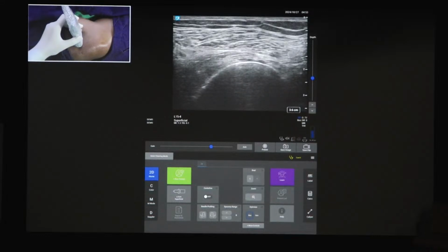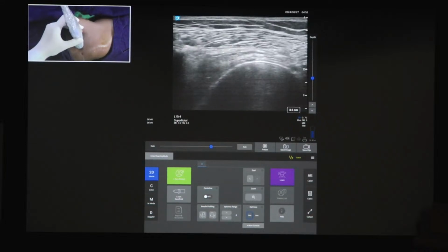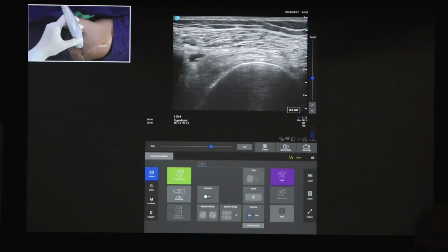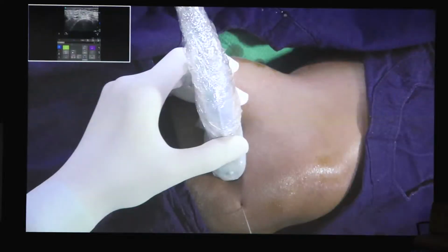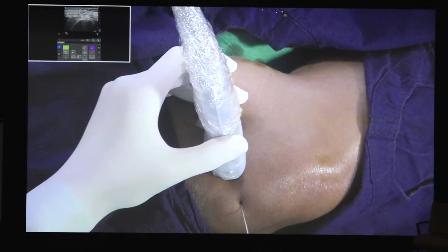I'm not going to stimulate in this case because we are nowhere closer to the motor branches here. So you can see my needle piercing the vastus.